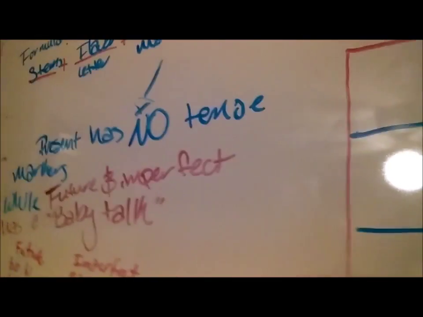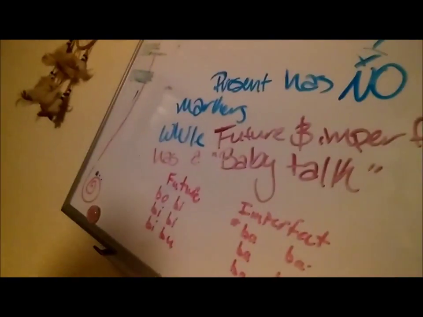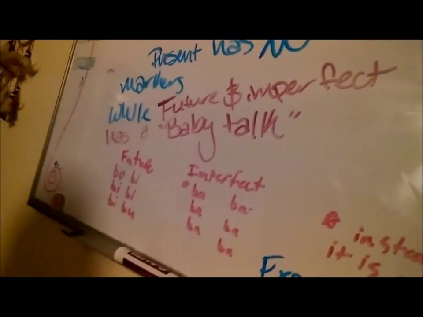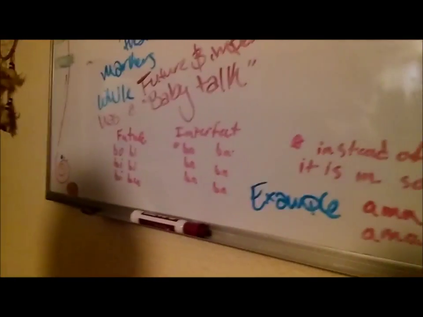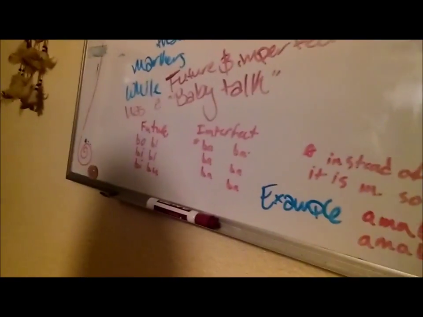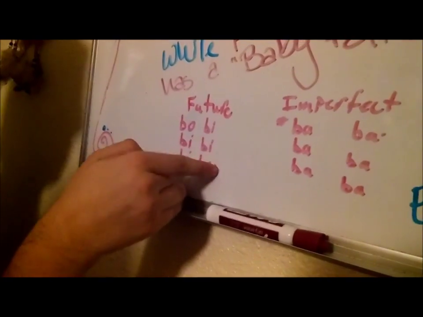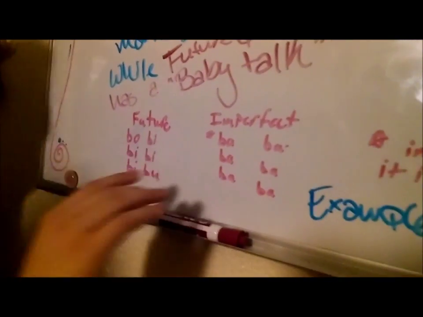Our third piece of information for our verb formula is the tense marker. A tense marker is basically something that makes it present, future, or imperfect. The present has no tense marker, while the future and imperfect have a kind of baby talk. In the future it goes bo, bi, bi, bi, bu, and then your personal ending.